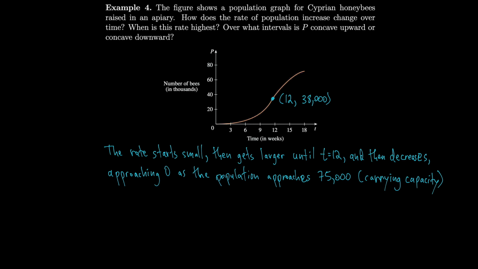Notice the rate stops increasing at 12, when the concavity switches. So we could say that the population is concave upward on the interval from 0 to 12, right? Because it looks like a happy face over there. And then it switches to become a frowny face afterward. So it switches to concave downward after.